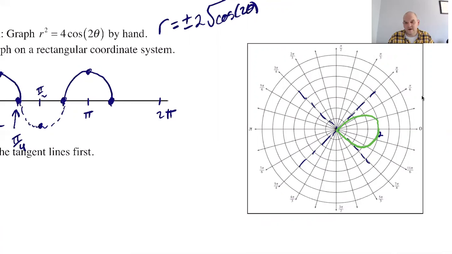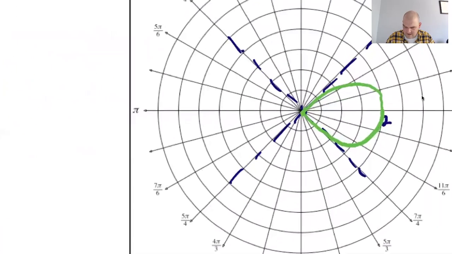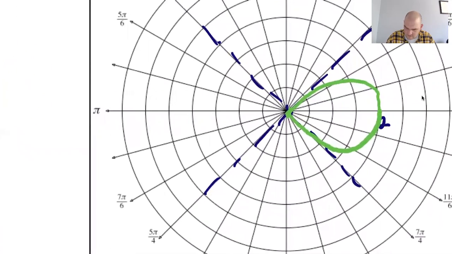Then at 3 pi over 4, it's like you come back to life, and suddenly you're going to graph again. By the time you get to pi, you've got to be out at 2. So you're going to go like this, and then like this.